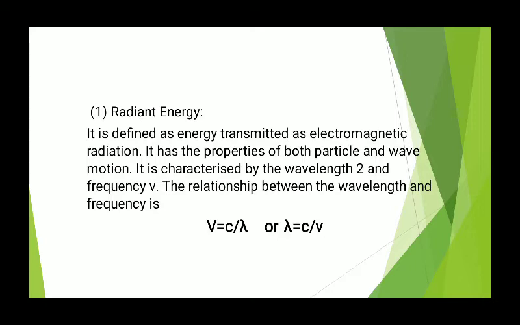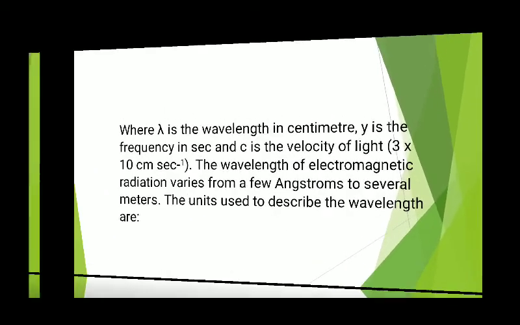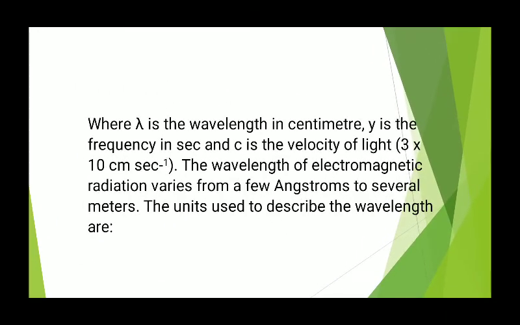The relation between wavelength and frequency is nu is equal to c upon lambda, or lambda is equal to c upon nu, where lambda is the wavelength in centimeter, nu is the frequency in per second, and c is the velocity of light, 3 into 10 raised to 10 centimeter per second. The wavelength of electromagnetic radiation varies from a few angstrom to several meter.